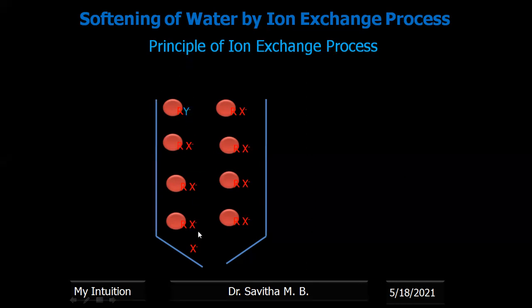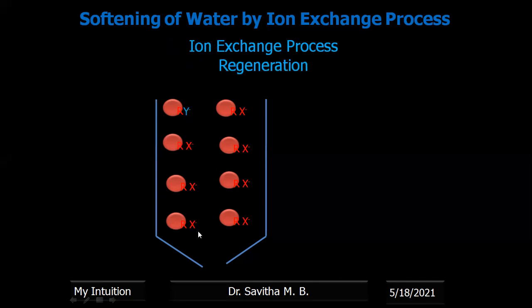Similarly, when all the anions are replaced by Y minus, the entire resin will have only RY minus. Therefore, the water coming out will be rich in X minus. This is the ion exchange process.